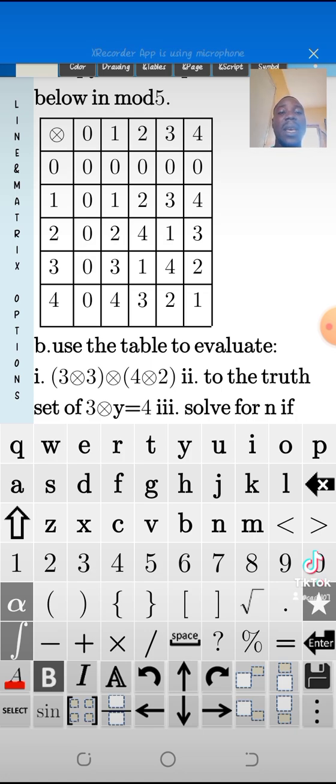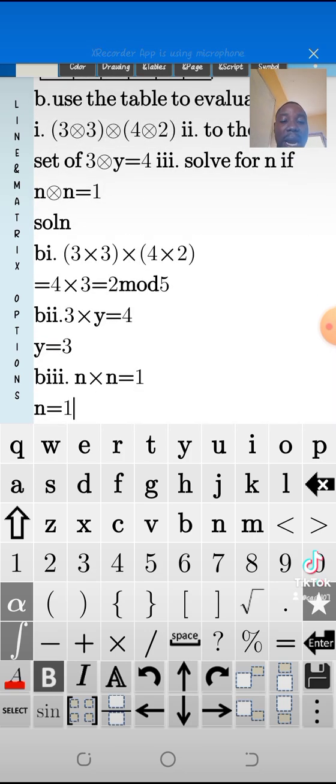And of course, 1 and 1 is one of them, because 1 times 1 from the table, you can see is equal to 1. Let's check. 2 times 2 is 4. That won't work. 3 times 3 is 4. It's not working. And then 4 times 4 is 1. So that means n equals 1 and 4, in mod 5.